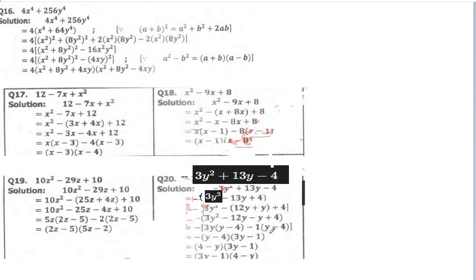So now taking common y minus 4 in both y minus 4 and 3y minus 1. This minus is still outside. And now we can multiply this minus. I have multiplied. So this plus y becomes minus y, and this 4 will be 4 minus 3y and 3y minus 1. So our answer is 3y minus 1, 4 minus y. Good luck.